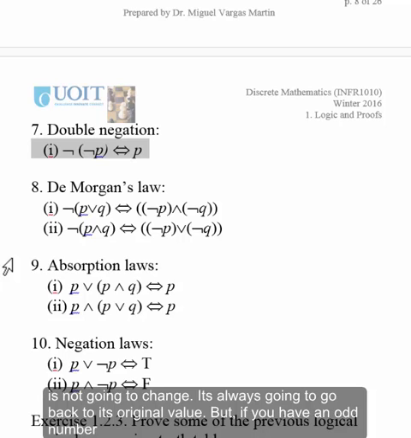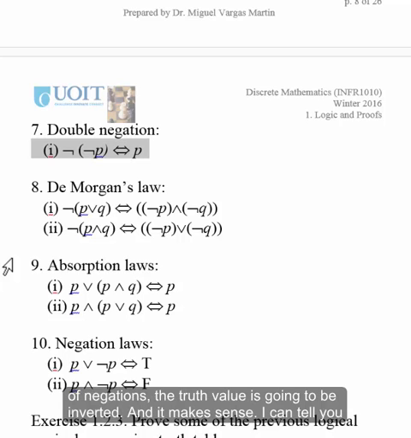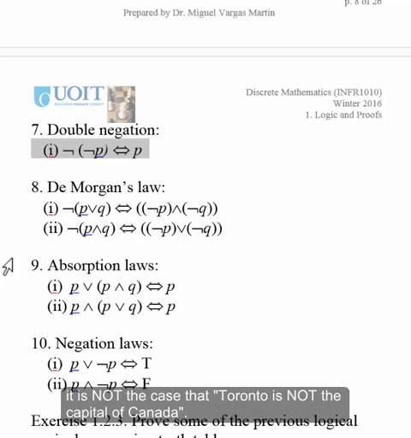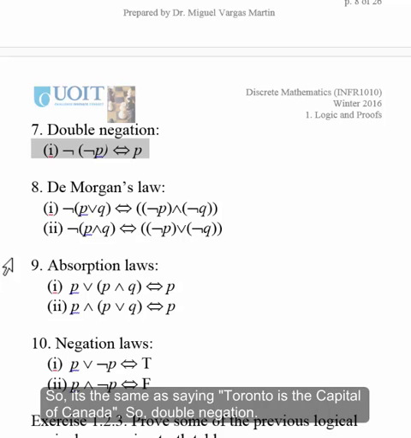It's always going to be back to the original value. But if you have an odd number of negations, then the truth value is going to be inverted. And it makes sense. I can tell you it is not the case that Toronto is not the capital of Canada. So it's the same as saying Toronto is the capital of Canada.